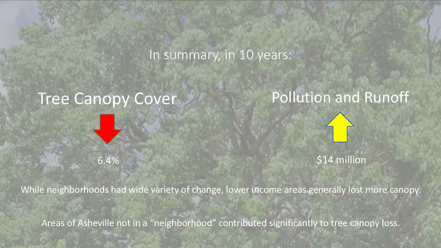So in summary, over the 10 years, the finding was that the relative change in your tree canopy cover was 6.4%. The cost of the pollution and the runoff is about $14 million, and that's in expenses to build stormwater mitigation ponds, to mitigate for air quality and pollution.